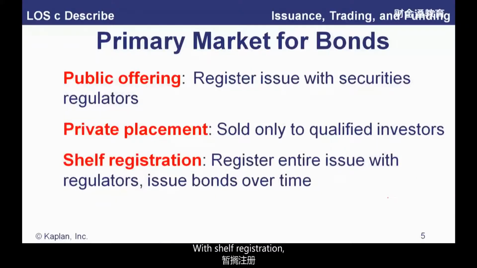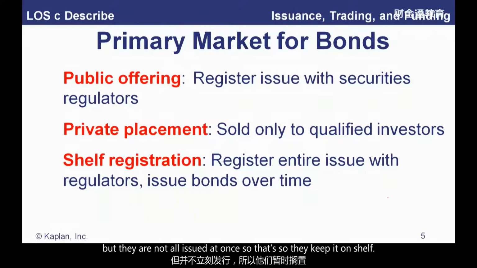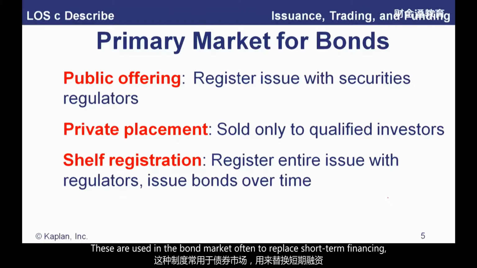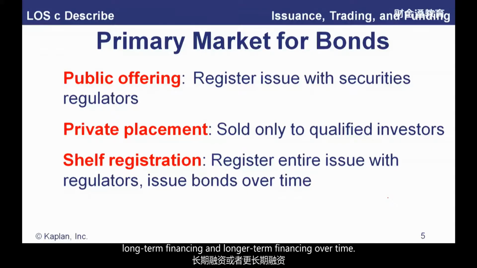With a shelf registration, the entire issue is registered for public trading with the regulators, but they're not all issued at once, and that's so they kind of keep them on the shelf. And these are used in the bond market often to replace short-term financing with long-term financing, longer-term financing over time.